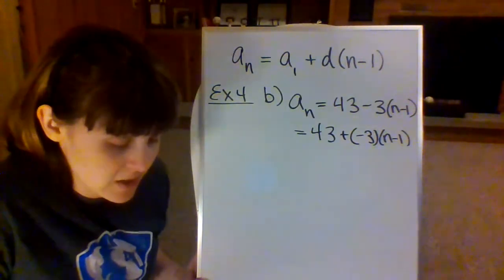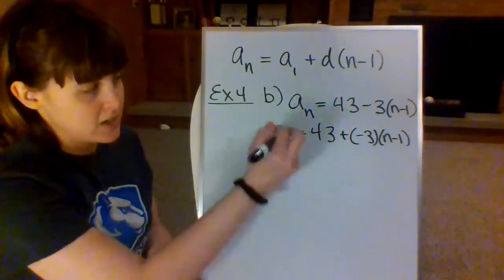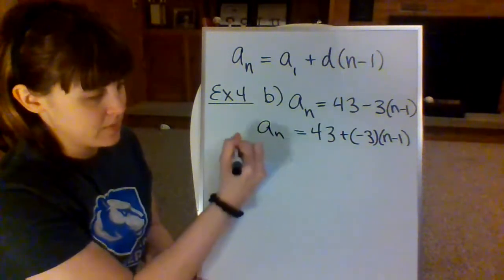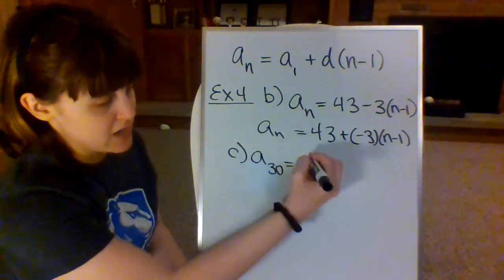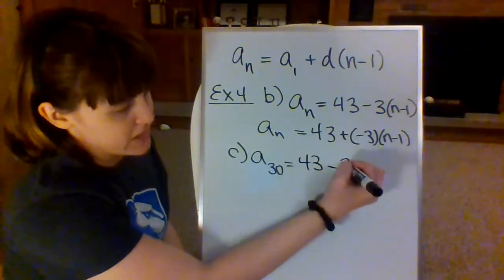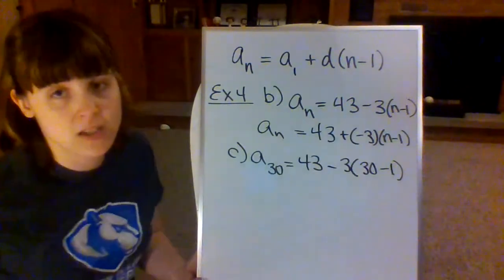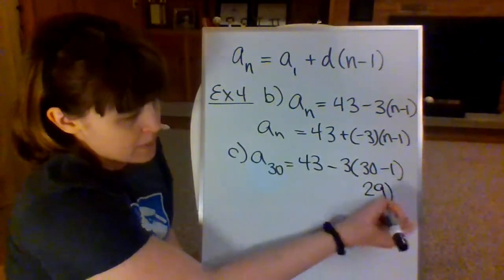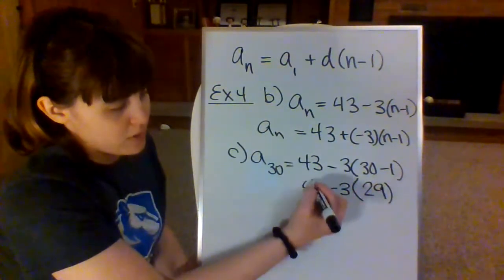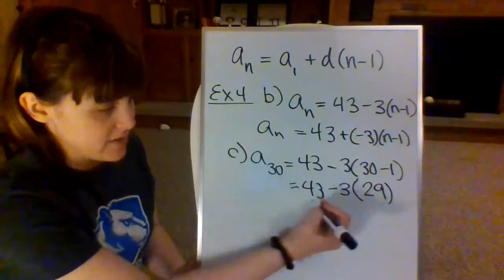Part C, now we're going to find the 30th term. So we're going to use our formula here, and we're going to find the 30th term. So A with a subscript of 30 is 43 minus 3 times 30 minus 1. So 30 minus 1 is 29. 29 times negative 3 is negative 87.